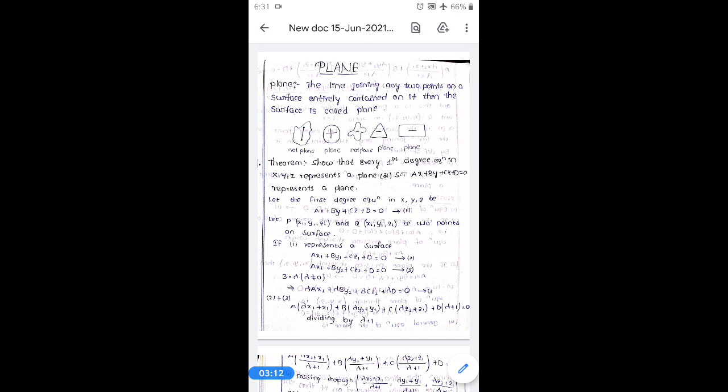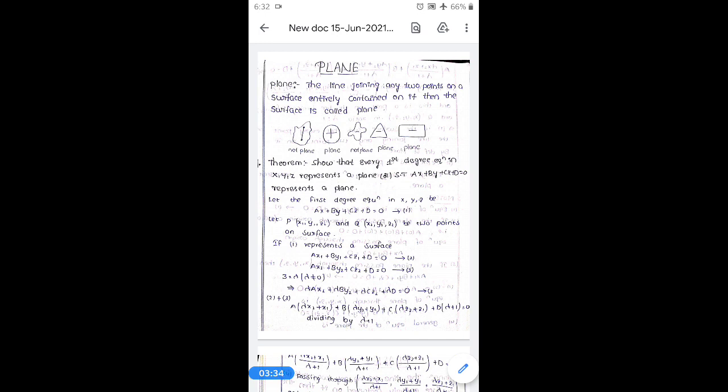Then Ax plus By plus Cz plus D equal to 0 represents a plane. That's the theorem we need to prove.